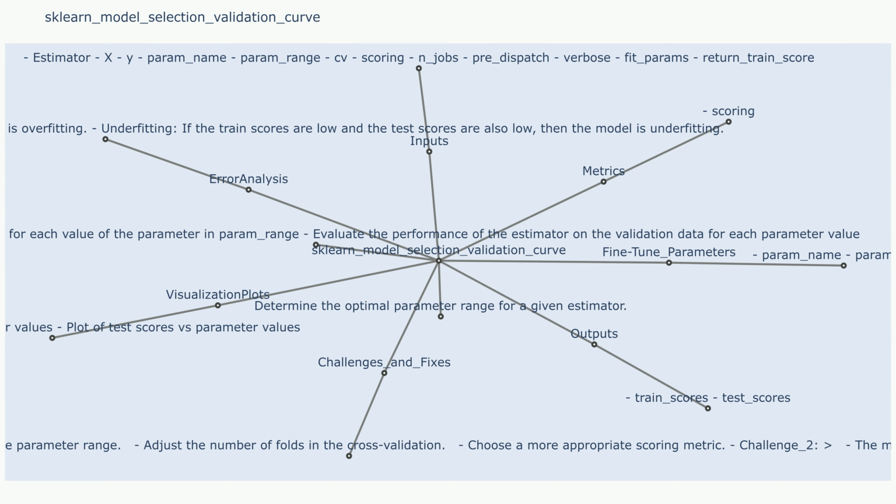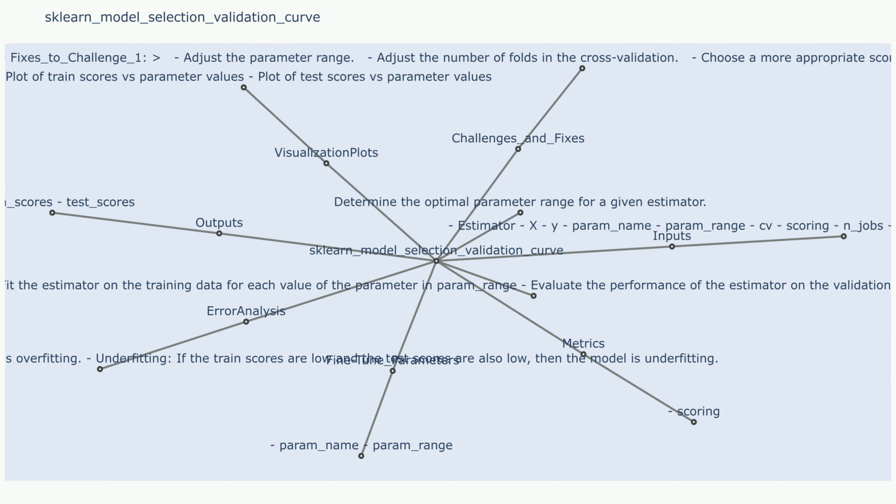Consider factors like data size, class balance, and time constraints. Scoring metric: choose a metric that aligns with your goals and priorities. For example, if you prioritize correctly identifying positive cases, you might use precision or recall as the scoring metric.